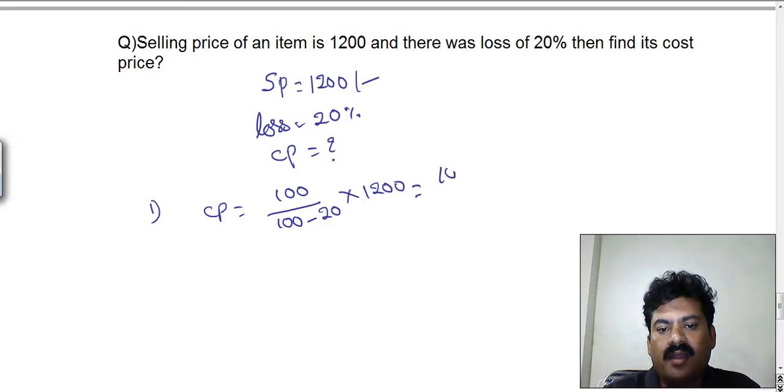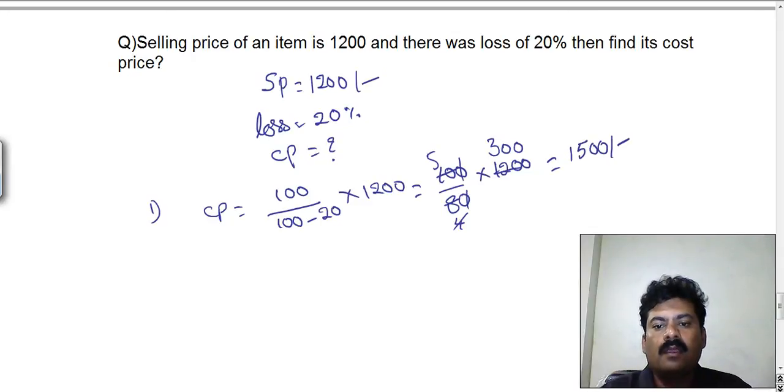Now 100 by 80 into 1200. Okay, cost price is 1500. After selling this item at a 20% loss, we got the selling price as 1200.